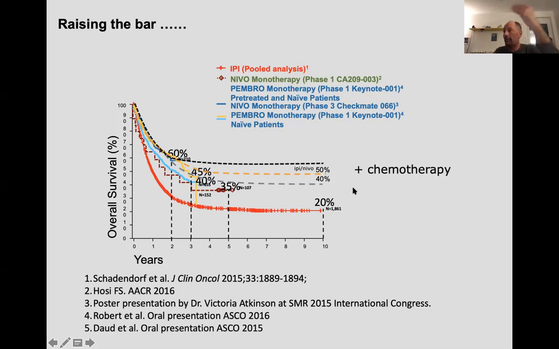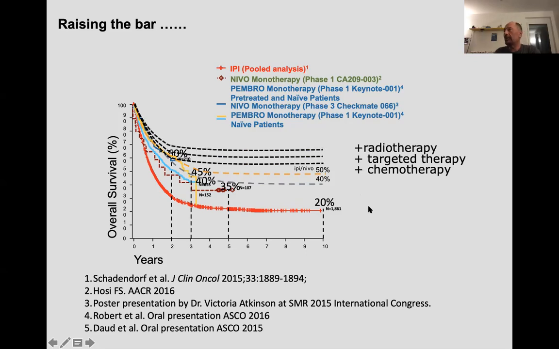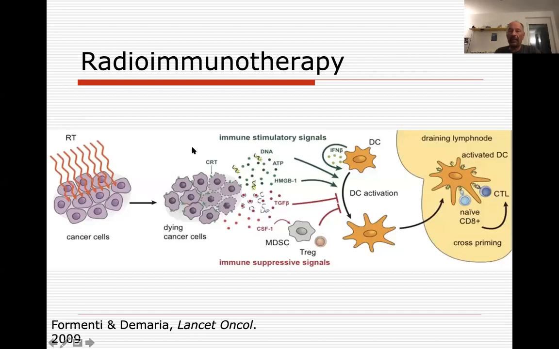To increase furthermore the bar, you can think of using chemotherapy, targeted therapy, or in fact, at the end, radiotherapy. Why radiotherapy? Because radiotherapy is actually naturally a vaccine. So when you irradiate the cells, the dead cells actually produce molecules like calreticulin, HMGB1 that are stimulatory for the dendritic cells to be activated and to produce cytotoxic lymphocytes that will kill the tumor.